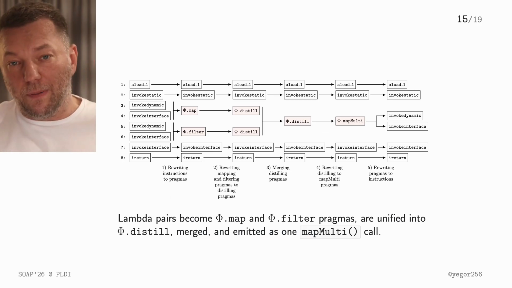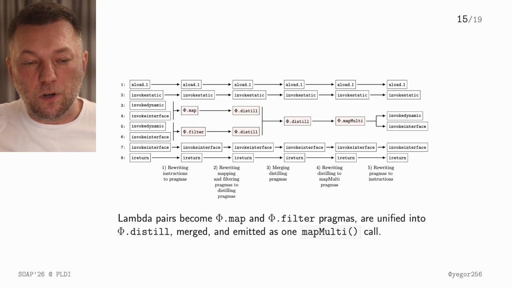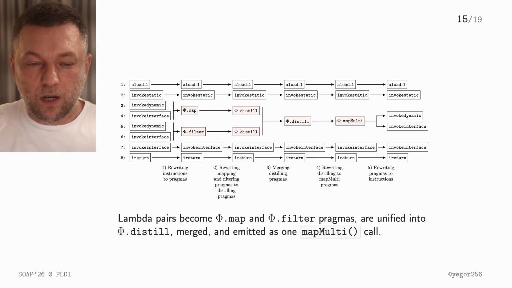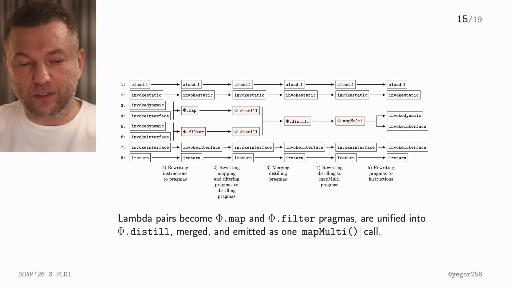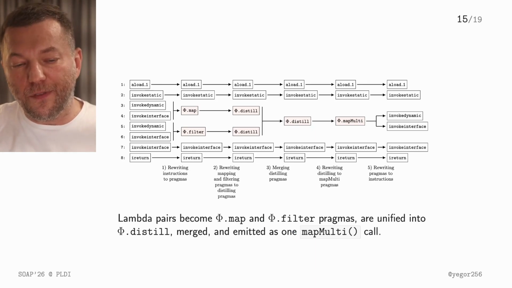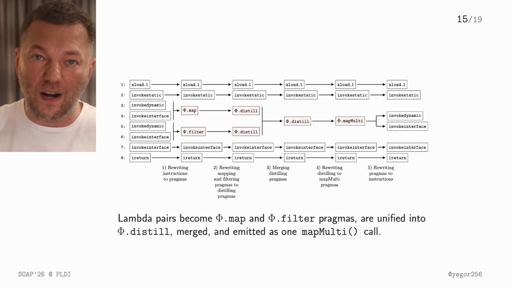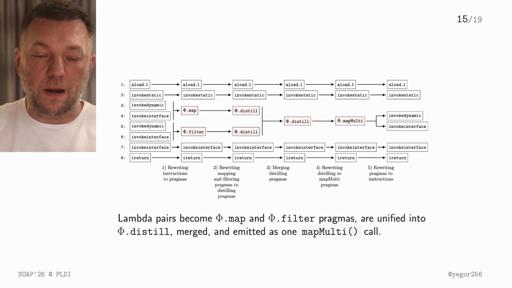And this is our pipeline, how we deal with the opcodes related to map and filter. If you are familiar with the bytecode for Java, you may understand these opcodes. We take two of them, invokedynamic, invokeinterface. If they stay together, we understand that they are relevant to the stream pipeline. We fuse them, we lift them to pragma map, and these two we lift to pragma filter.